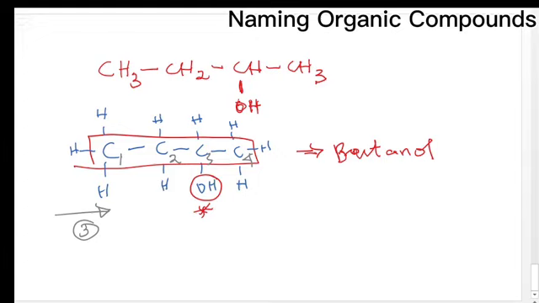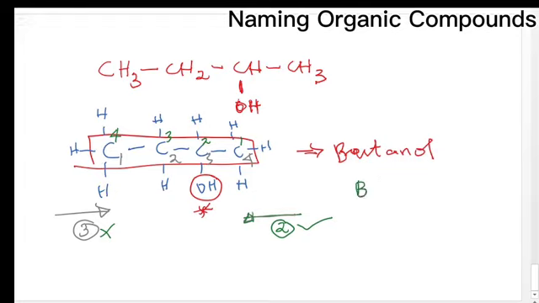If you are naming from right to left, it is on carbon 2. So you go for 2 and neglect 3. The position of our OH is on position 2.